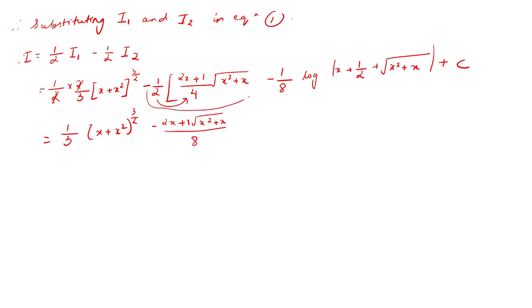Next thing is minus into minus will become plus, so half into 1 by 8 will give you 1 by 16 log of x plus half plus root over x squared plus x, okay? And yeah, so this is the answer. You can take the LCM over here, not really a problem. Or you don't necessarily have to take an LCM if you don't want to. You can take the LCM for all, or you can just leave it as it is. It's not necessary that you have to get the textbook answer. So we shall end this video over here.